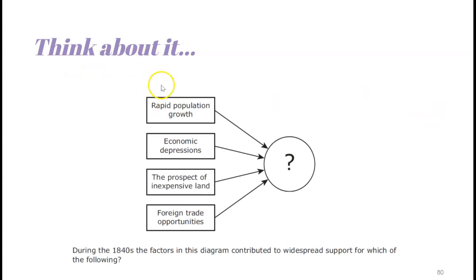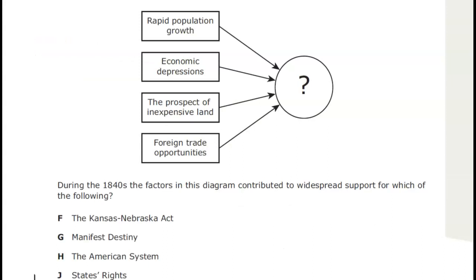Okay, think about it. Rapid population growth, economic depressions, the prospect of inexpensive land, and foreign trade opportunities. During the 1840s, the factors in this diagram contributed to the widespread support for which of the following? I'll give you a minute to study it, but you can always pause the video. Starting at the bottom, I'm going to complete the diagram.